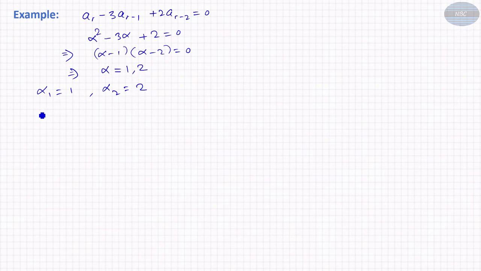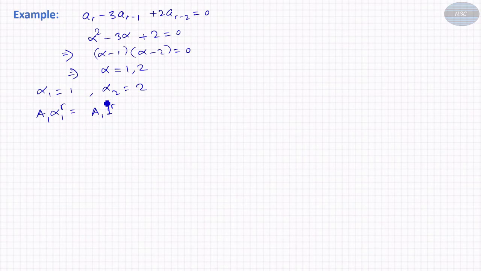So we can have one of the homogeneous solutions as a1 alpha 1 to the power r, which is equal to a1 into 1 to the power r, since alpha 1 is 1. Now let us put the value of a1 into 1 to the power r in the recurrence relation and check whether this solution satisfies or not.